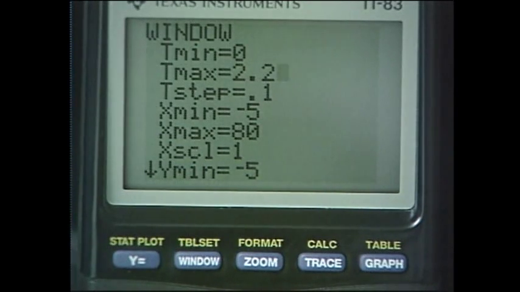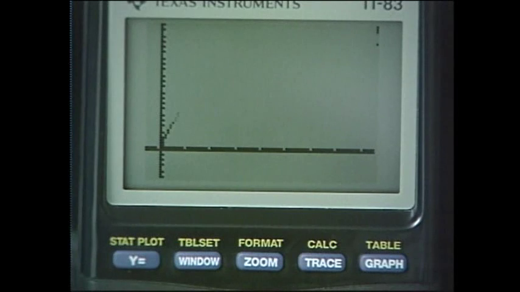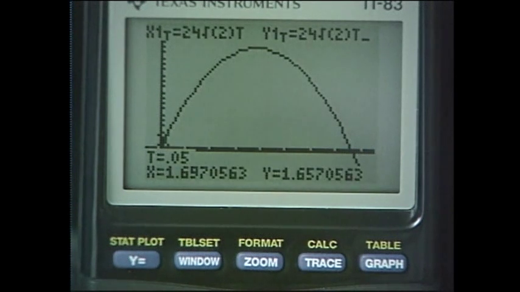And let's change the step distance from 0.1 to 0.05 and graph. And now as we trace to the right, we'll notice that the time is changing by 0.05 of a second each time I press the right arrow button.